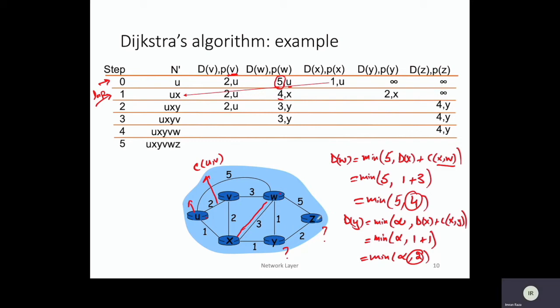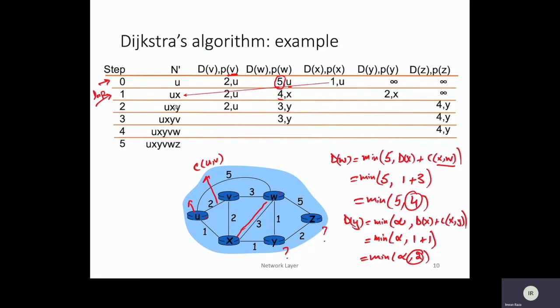There's no change. Why? Because Z is not the direct neighbor of the newly added node, the node that we have added into N. The newly added node into N is X, and Z is not the direct neighbor of X.